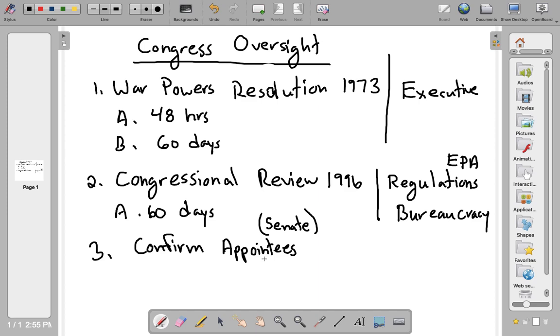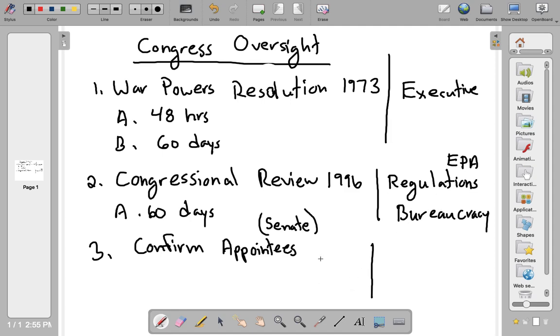And what this means is the president has the power to appoint, it's called the appointment power, a lot of his aides, and also the people in charge of the federal bureaucracy, some people in the military, and also federal judges. There's a huge list of the people the president can appoint.